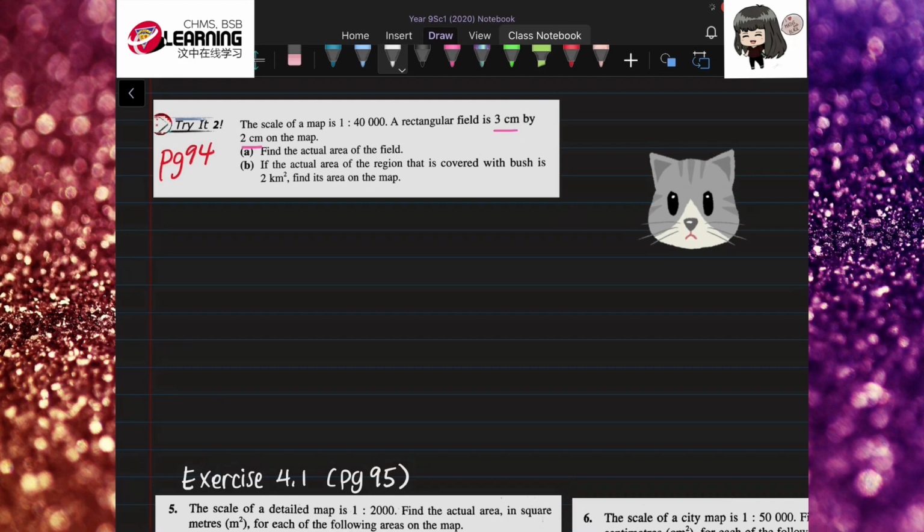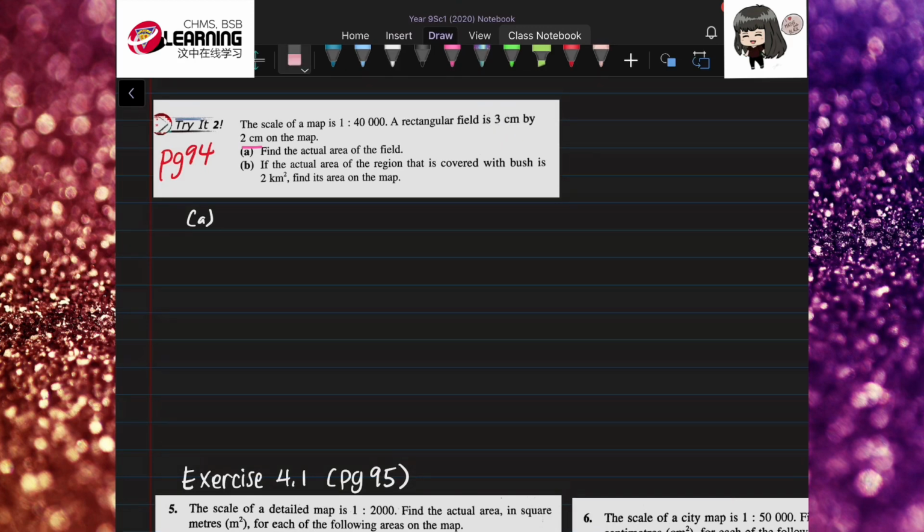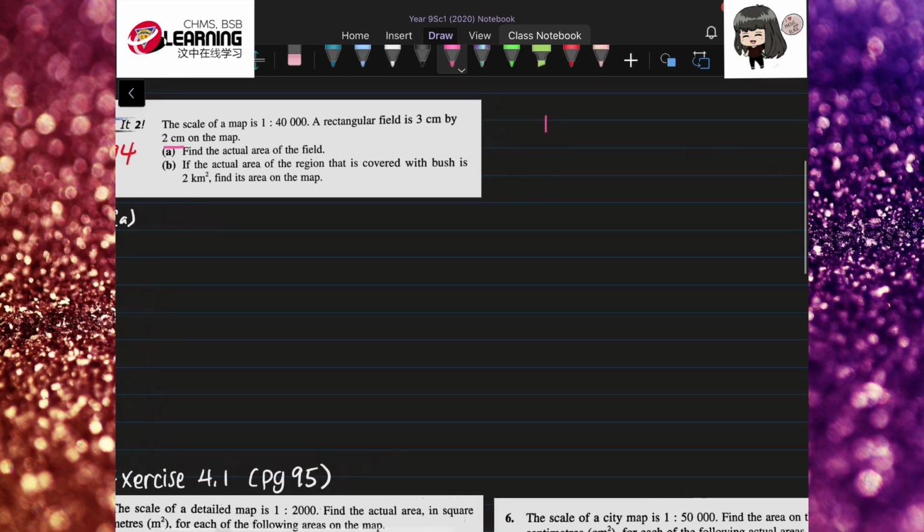To do this question, the easiest way is to change both the length and the breadth, because it's a rectangular field. I'll draw it out. This is a rectangular field, which is 3 cm by 2 cm on the map.